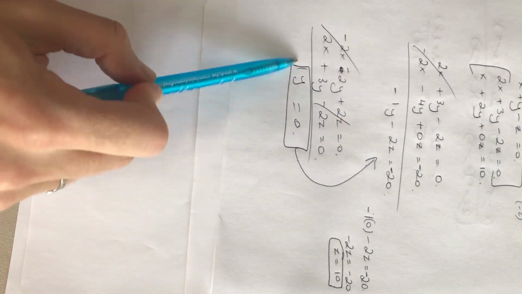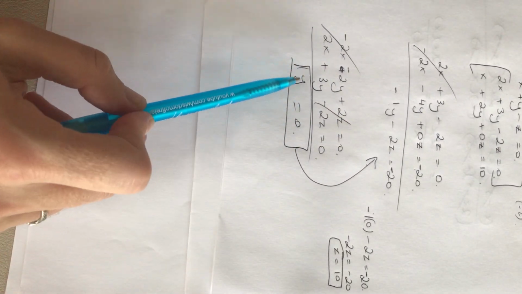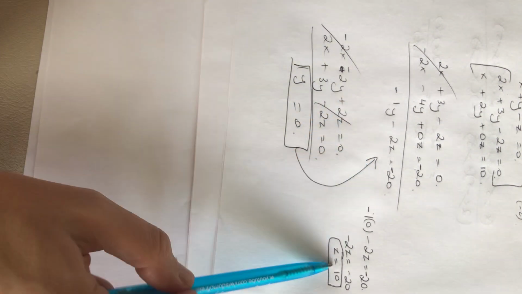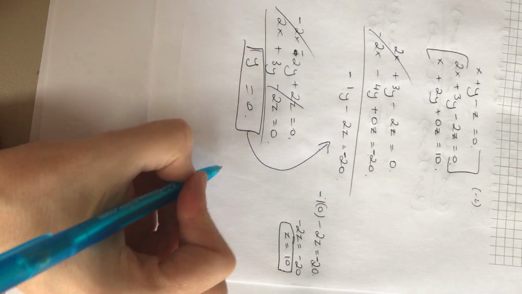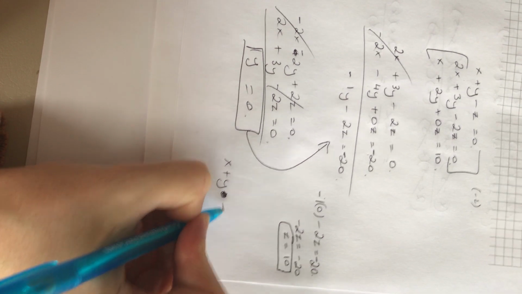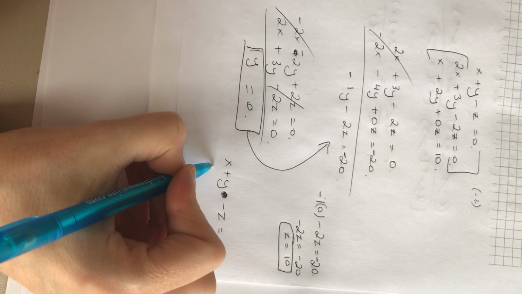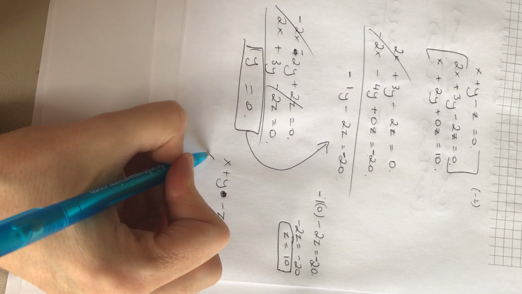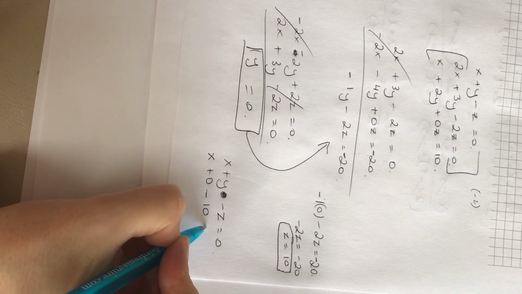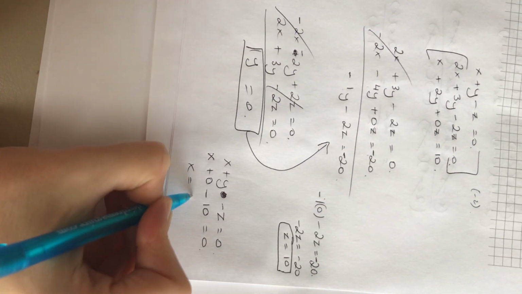All that crossed off, luckily enough. I mean, that doesn't always happen. And I end up at y is 0, and then I go back up here, and if y is 0, well then z is 10. And if we have the very first line x plus y minus z is equal to 0, then x has to be equal to 10 as well.